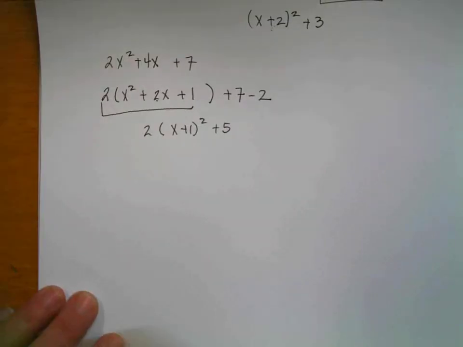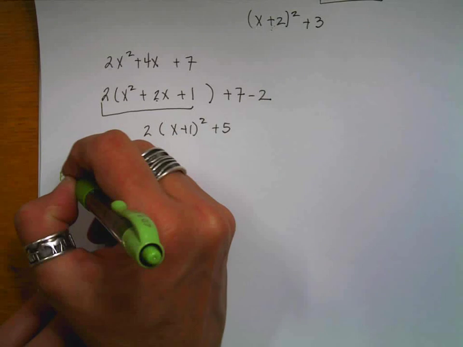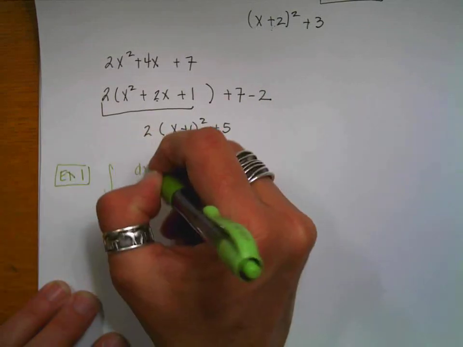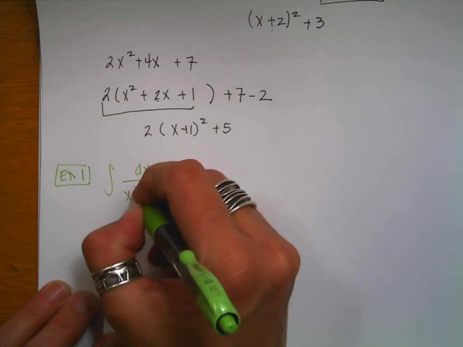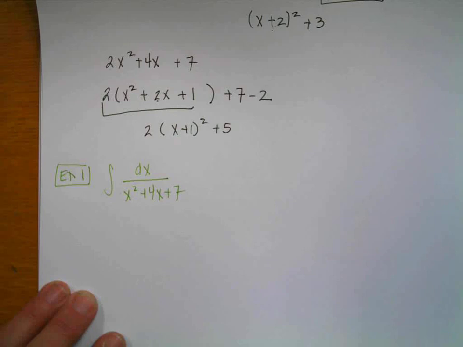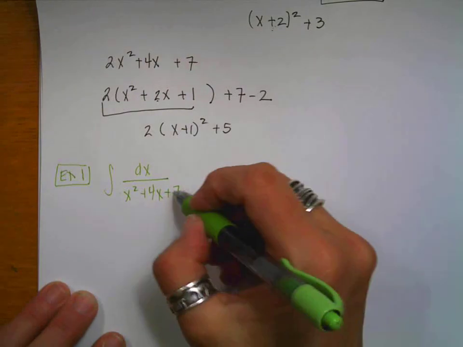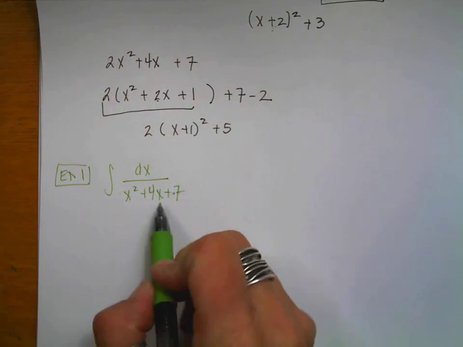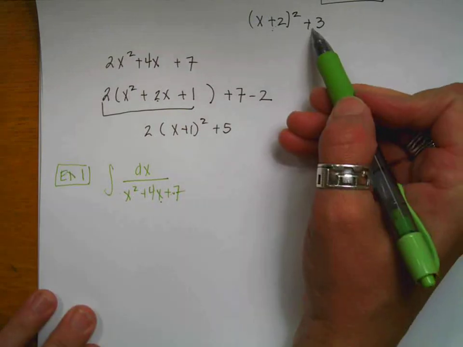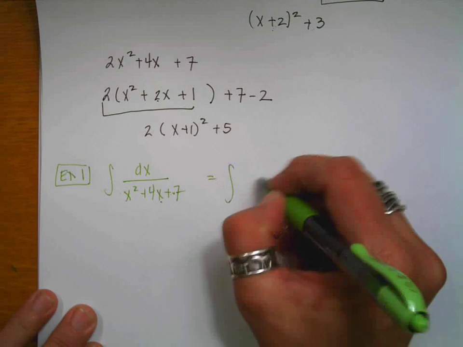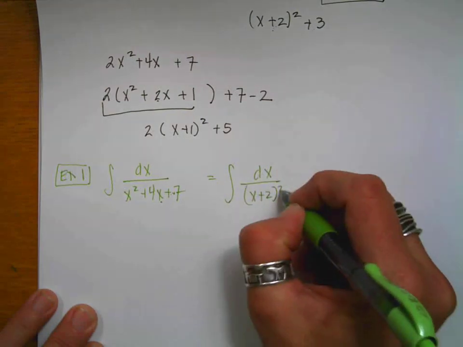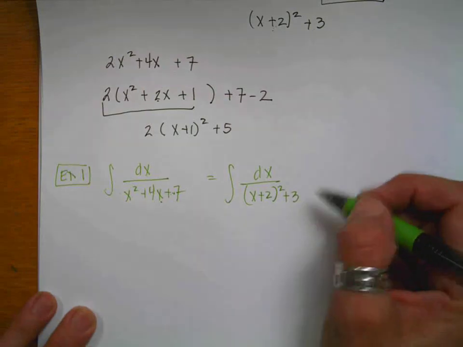Okay, so let's jump in with an example. Example number 1: the integral of dx over x squared plus 4x plus 7. Shocker, we've seen that somewhere before. I can't do arc-trig because it's not in factored form, so I'm going to use the work that I already did. I'm going to rewrite my integral as dx over x plus 2 quantity squared plus 3.